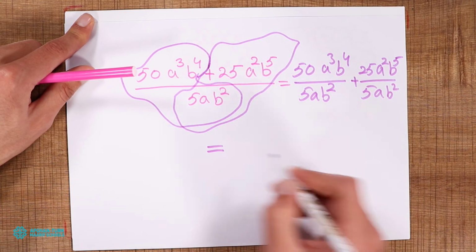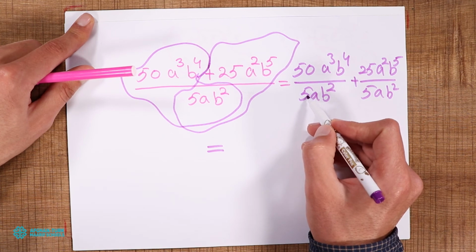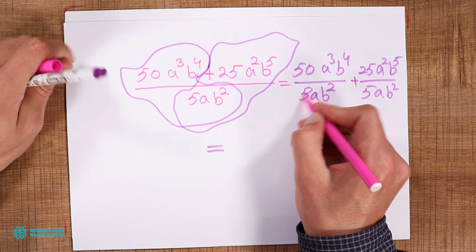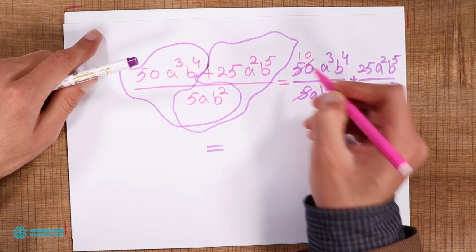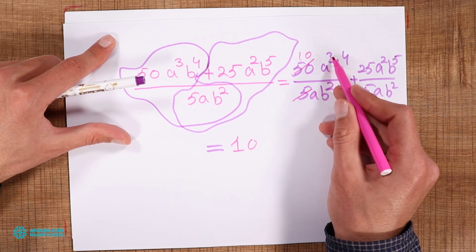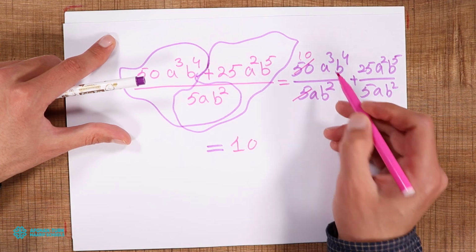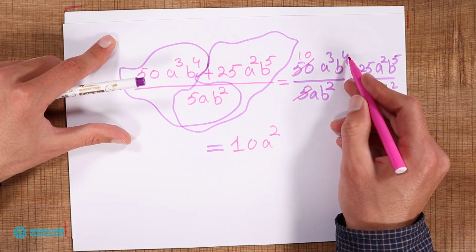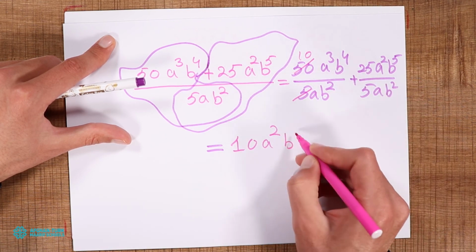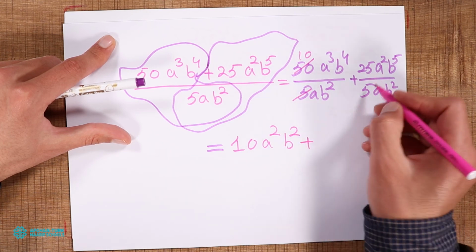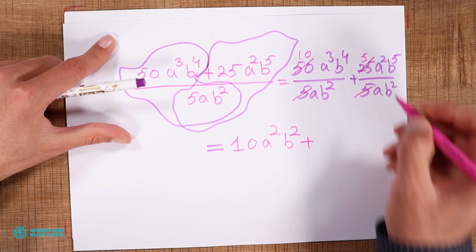As a result, we will have 15 divided by 5, which is 3, so right here 3a cubed and a to the power of 1 will be a to the power of 2, b to the power of 4 and b to the power of 2 will be b to the power of 2, plus 25 divided by 5 is 5.